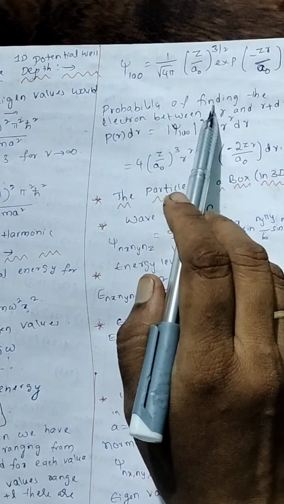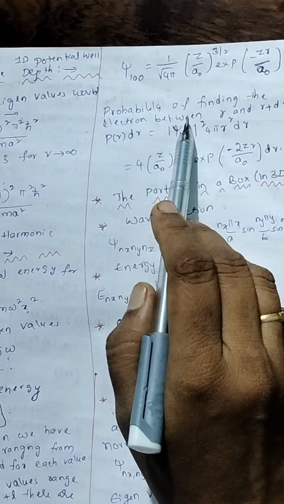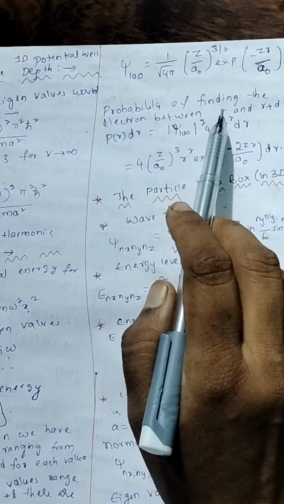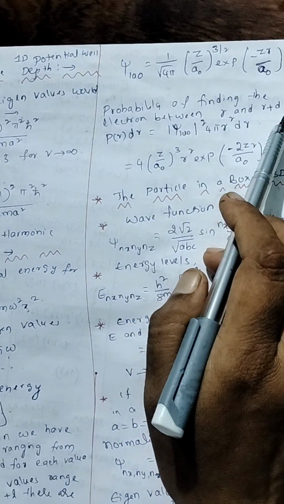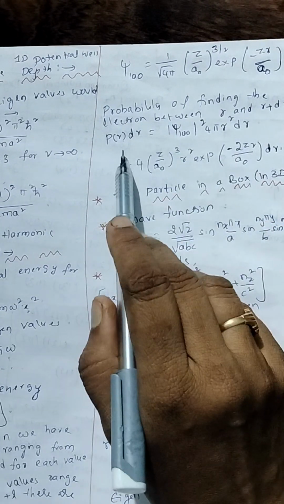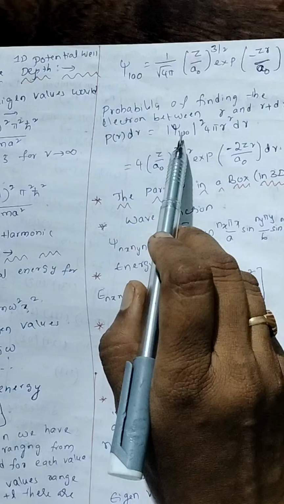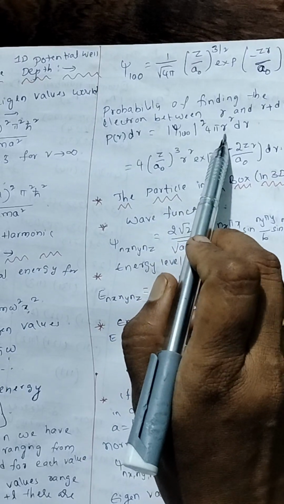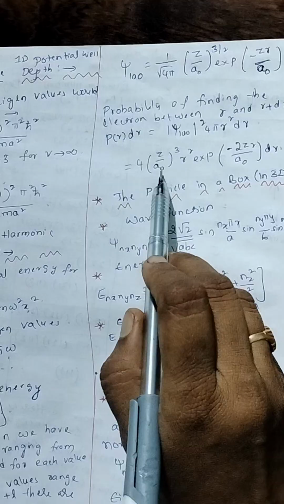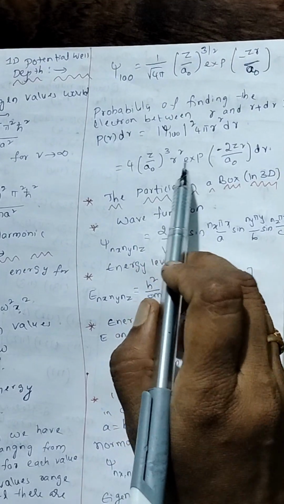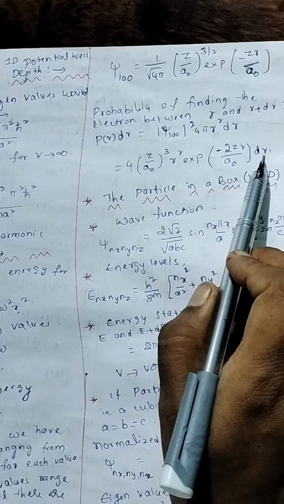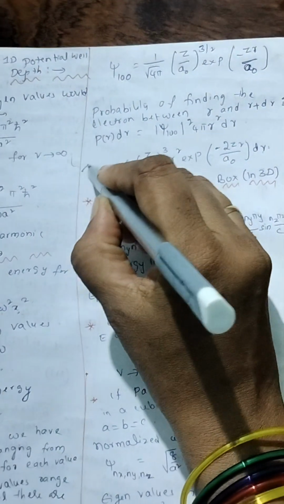The probability of finding the electron, here the particle is the electron, between r and r plus dr, where r is the distance from the nucleus. We write it as P of r dr equal to psi 100 whole square times 4 pi r square dr, which is equal to 4 z by a naught whole cube r square e to the power of minus 2 z r by a naught dr. This is the most important formula.